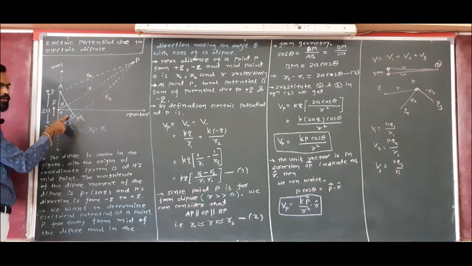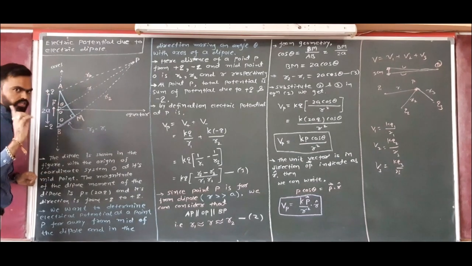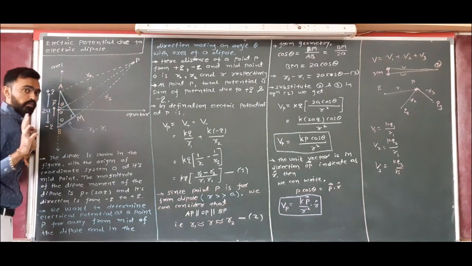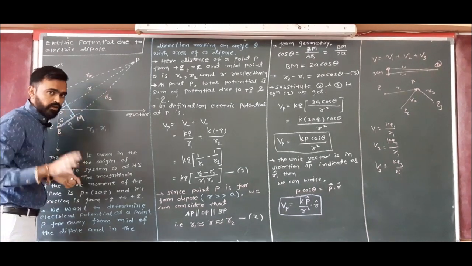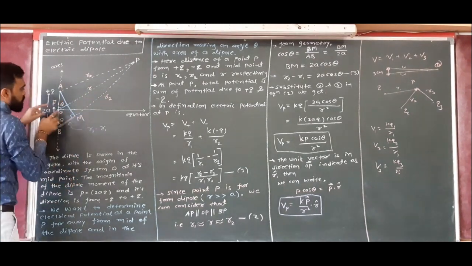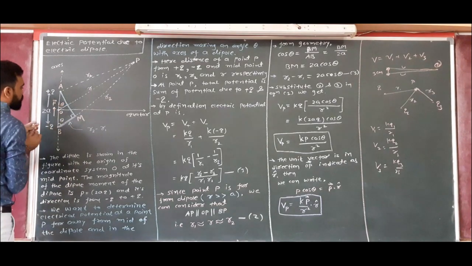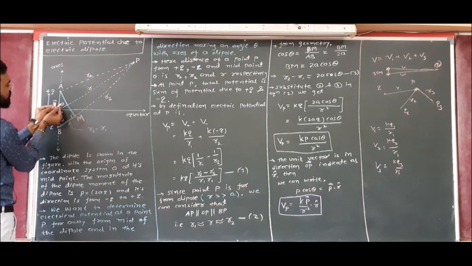So it's a right-angled triangle. If these three lines are parallel, which we just considered, then the direction of all three is the same. Then let this line make angle theta with the dipole.